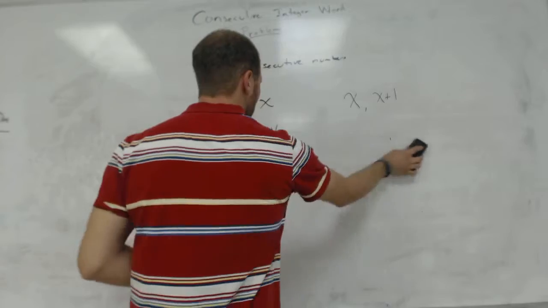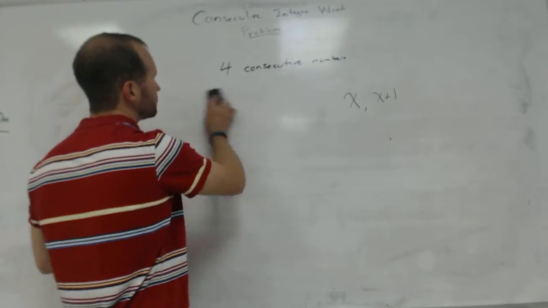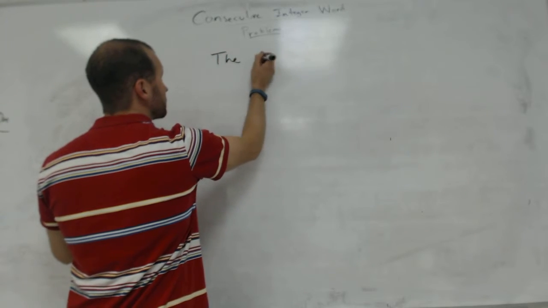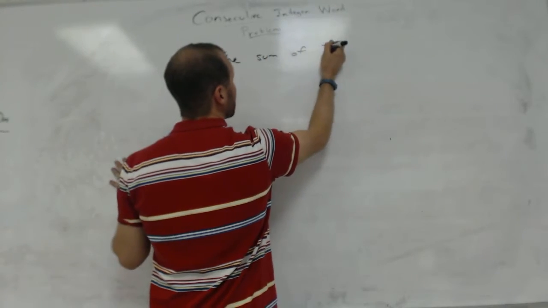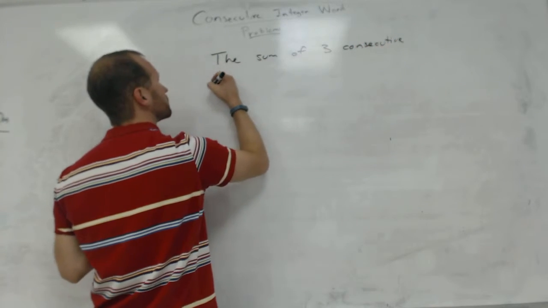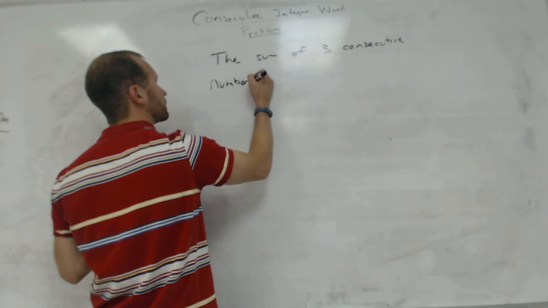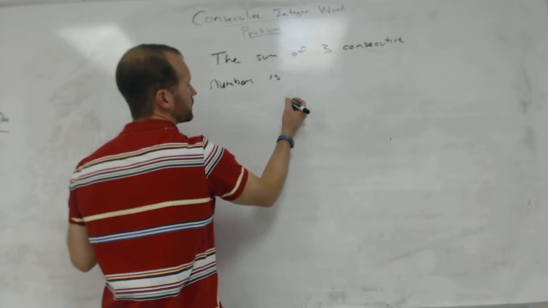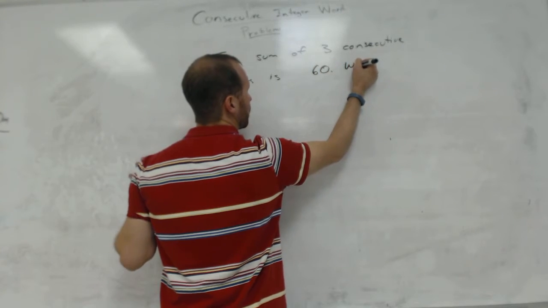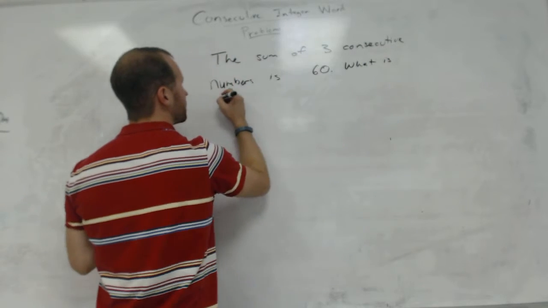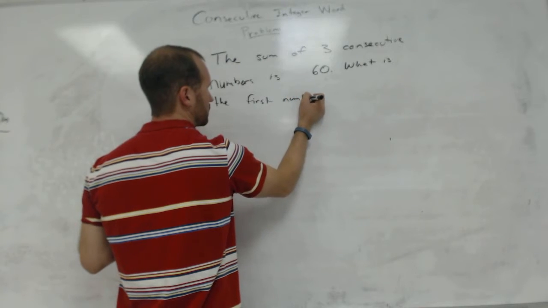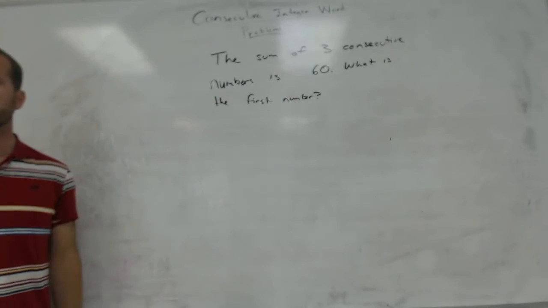Let's do one last example. The sum of 3 consecutive numbers is 60. What is the first number? All right.